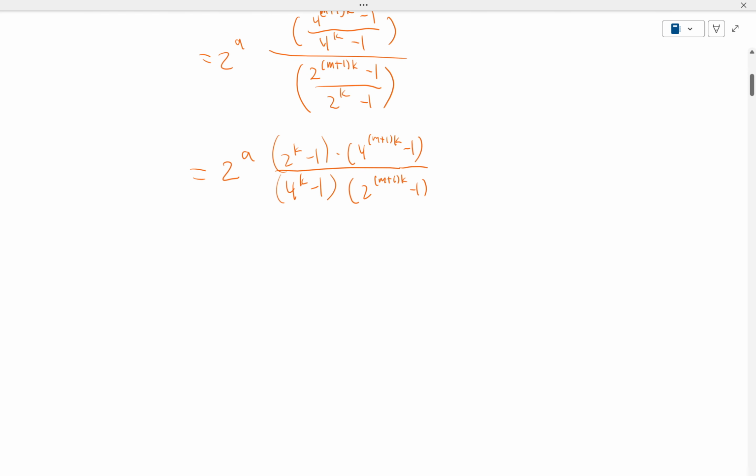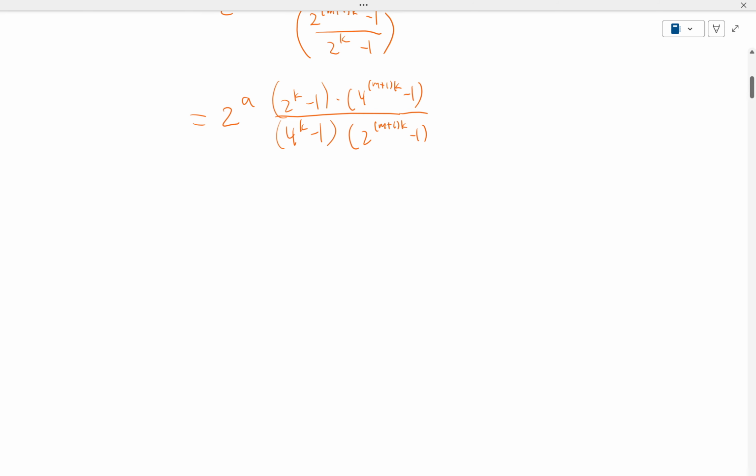Now notice 4 to the power of k minus 1, that's just 2 to the k squared minus 1. And you can factor something squared minus 1 as that thing minus 1 times that thing plus 1, right? So it's equal to 2 to the power of a times 2 to the k minus 1 over 2 to the k minus 1 times 2 to the k plus 1 times, and you can do the same thing here again, right?